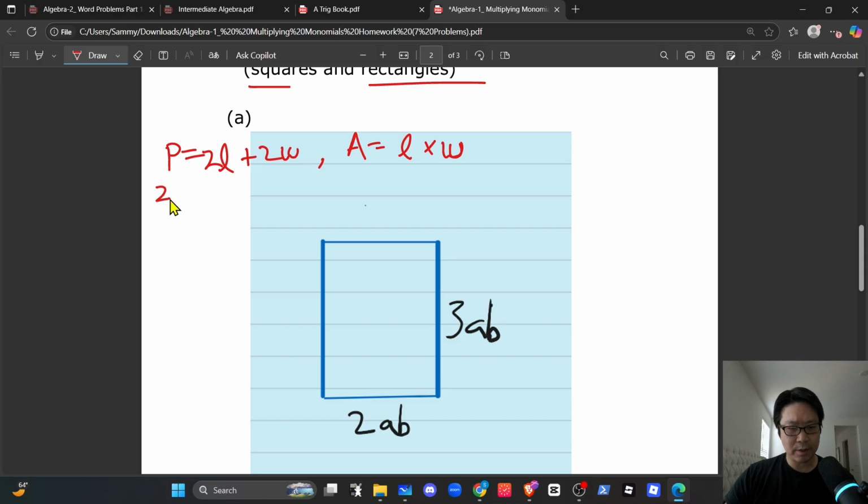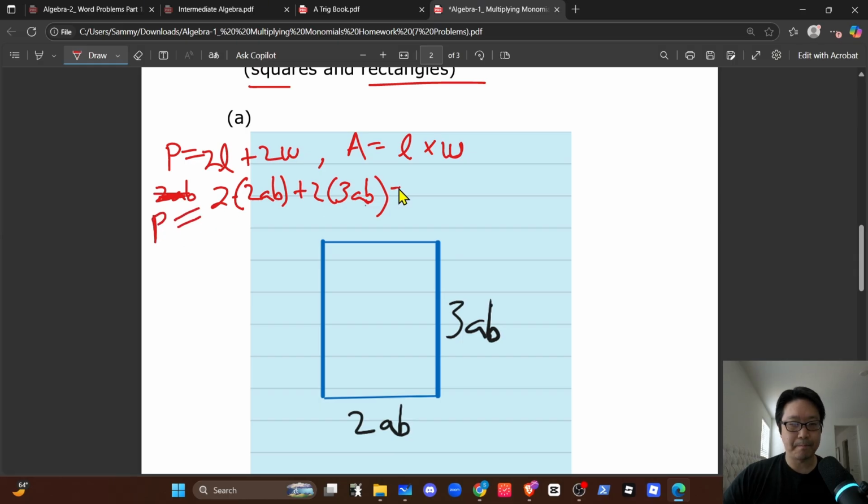So let's go ahead and do that. 2 times 2ab plus 2 times 3ab. And this is going to be our perimeter.